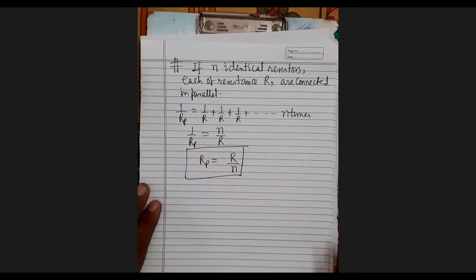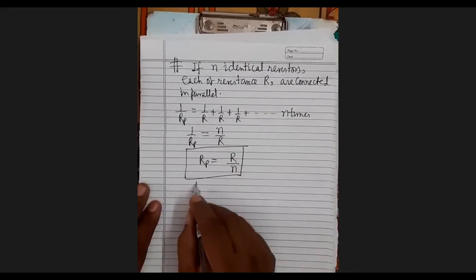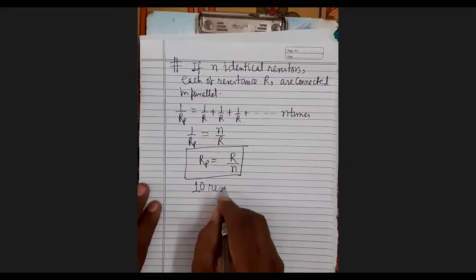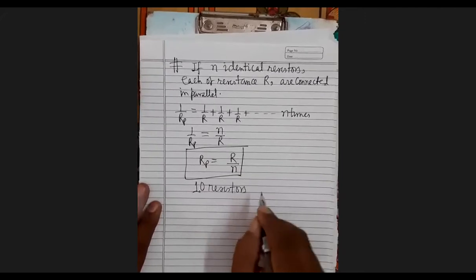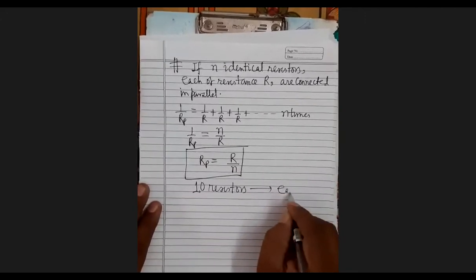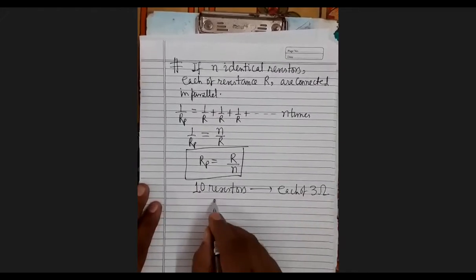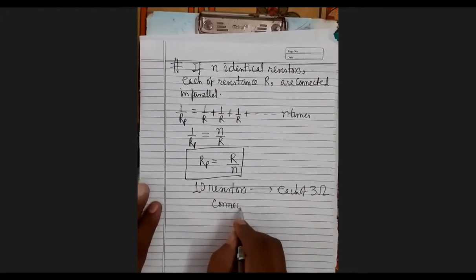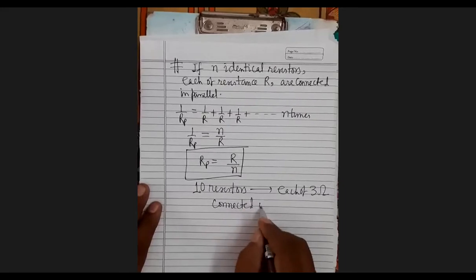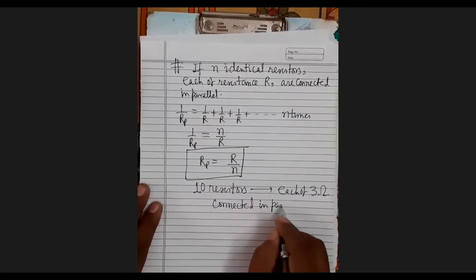Now you can see here, suppose there are 10 resistors, each of 3 ohm, connected in parallel.